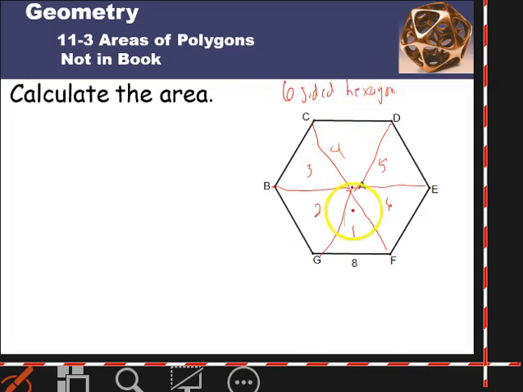It turns out that this central angle here is going to be 360 divided by 6, which is 60. So I know that this angle right here is going to be 60. Let me put that in another color. So this angle right here is going to be 60.